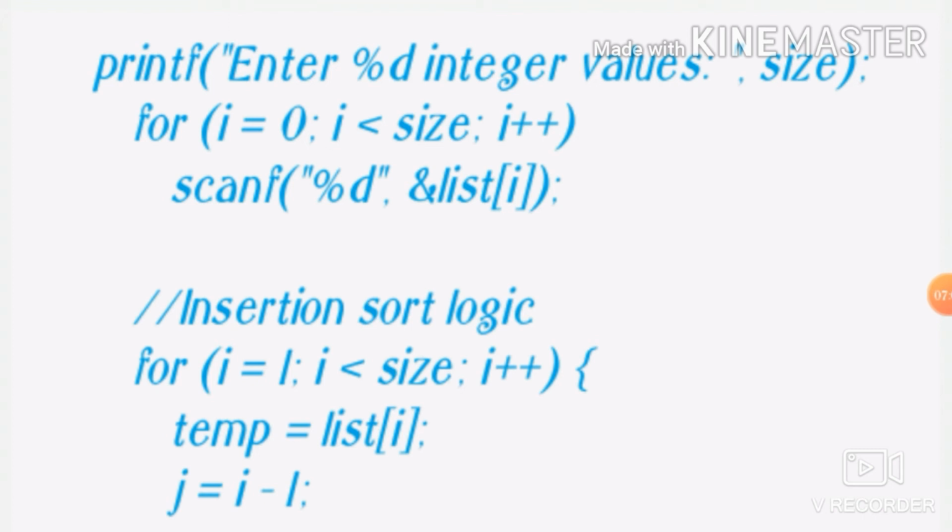Here is the insertion sort logic. For i equal to 1, whereas i less than size, we have to sort the elements up to size minus 1 terms only, not up to size. So we take i less than size, whereas i is incremented. In the loop, list of i, which is array of i, is assigned to temp, where j is equal to i minus 1, which is preceding the pivot.